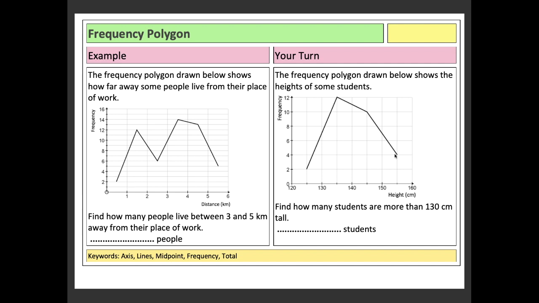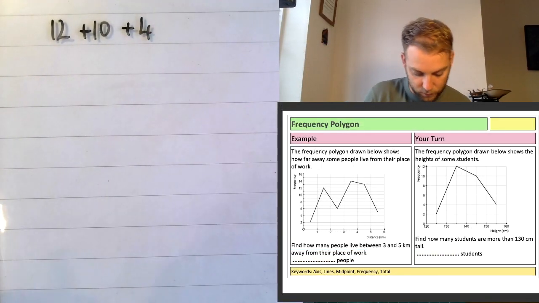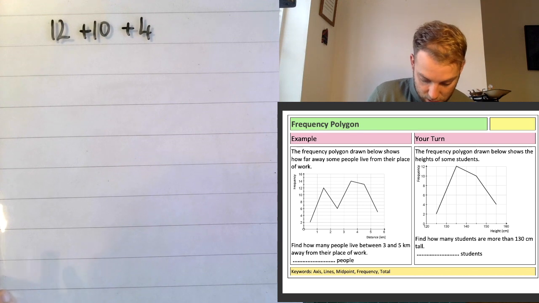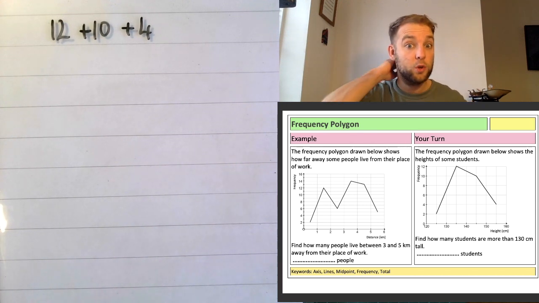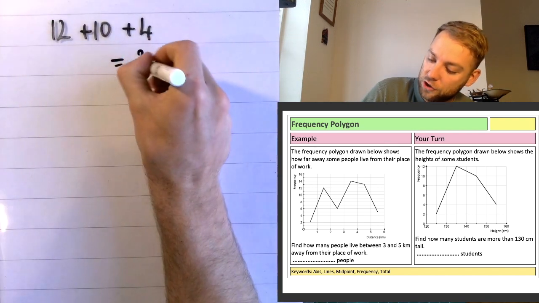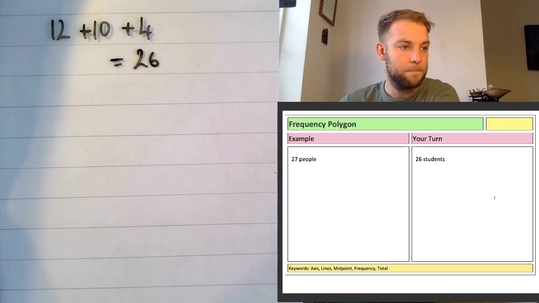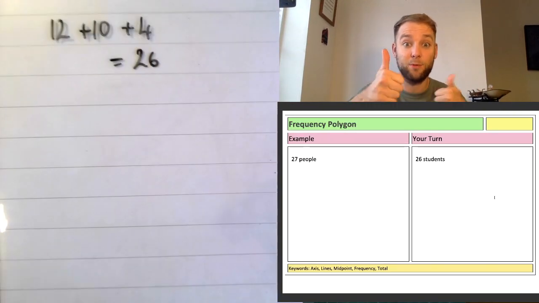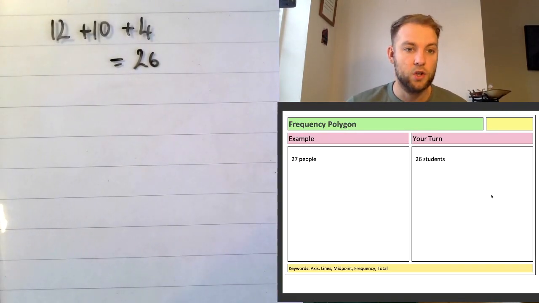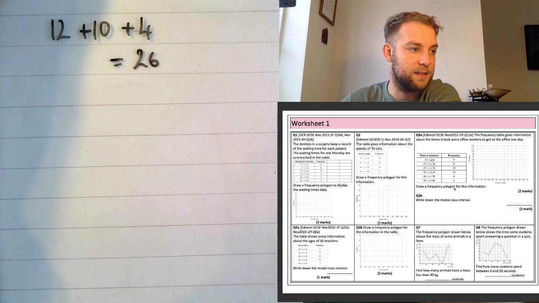So 12 plus 10 plus 4 is equal to 26. Brilliant. So let's just check those answers. Not too tricky, but 27, 26, brilliant.